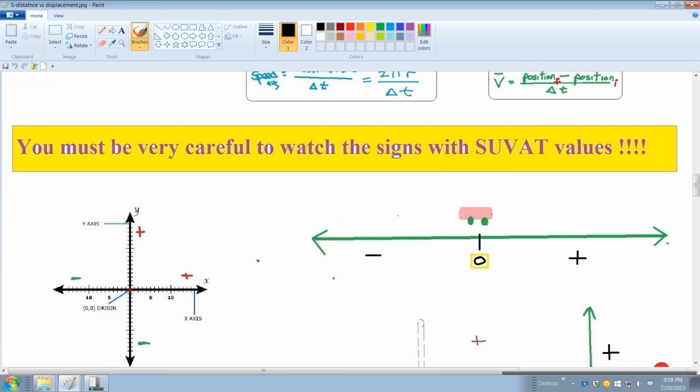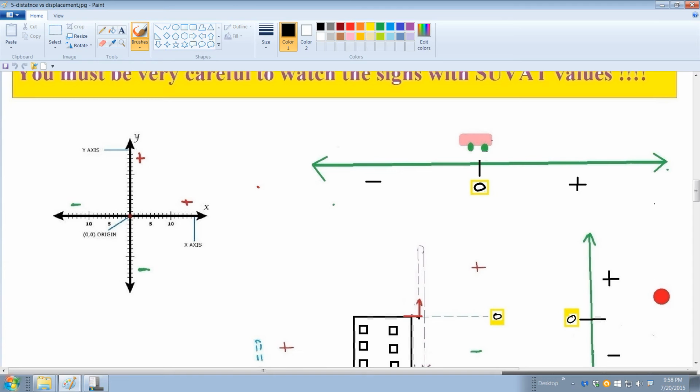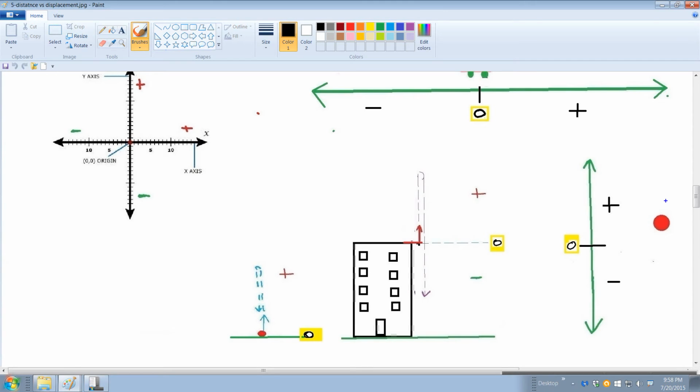So typically when you draw your little pictures for your problems, you'll use that convention. The other important thing with signs is to define your 0 point, because the interface between a positive and negative zone is going to be the 0 point.